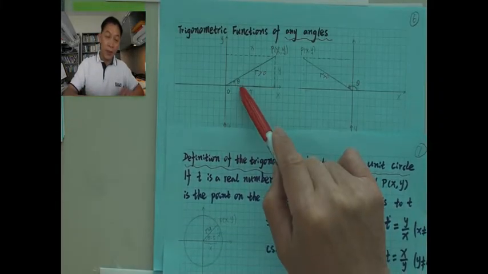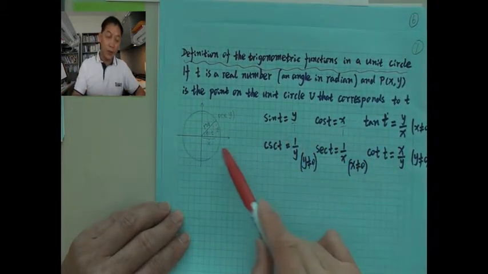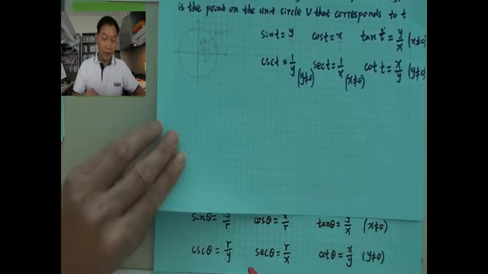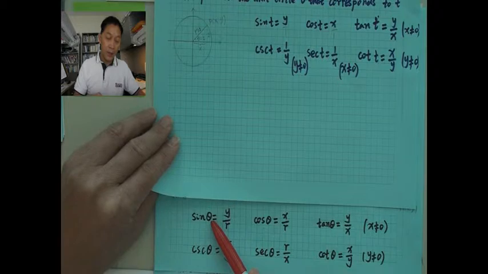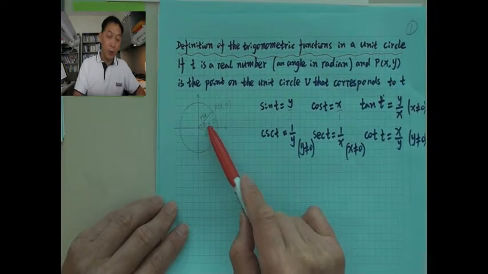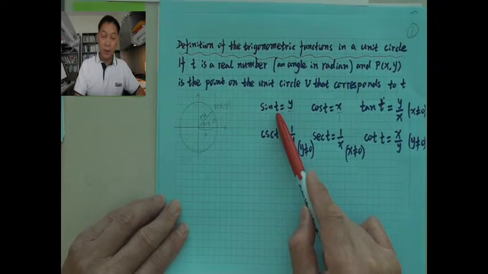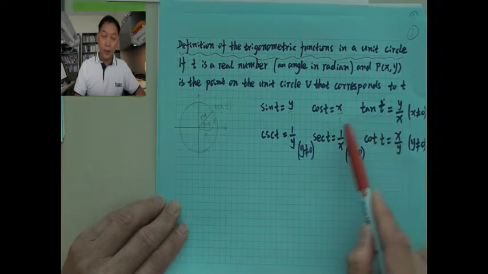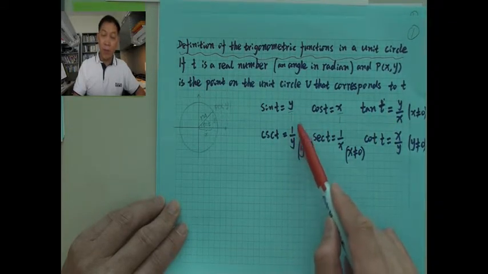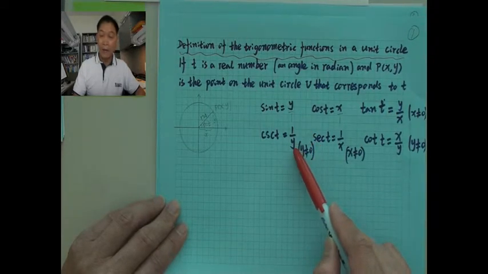Here the angle was theta, and here we would like to use t. Theta equals t. Previously, we used theta as an angle, and now we use t, so we replaced theta with t. And cosecant t is the reciprocal of the above. Y over 1 comes to be 1 over y.